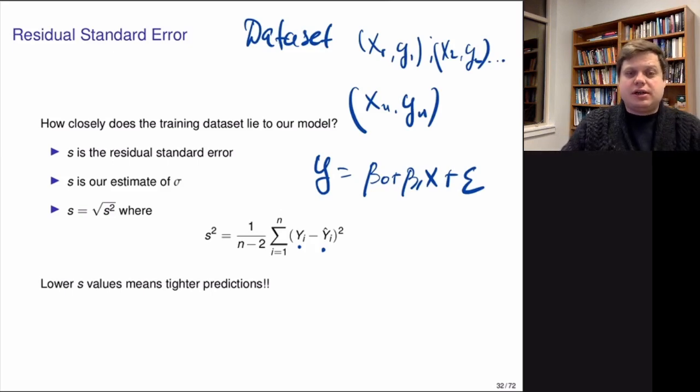Essentially, the residual standard error is the measure of the quality of the fit. So we want to find a line that makes this residual standard error as small as possible.